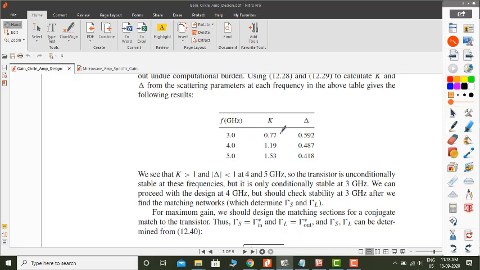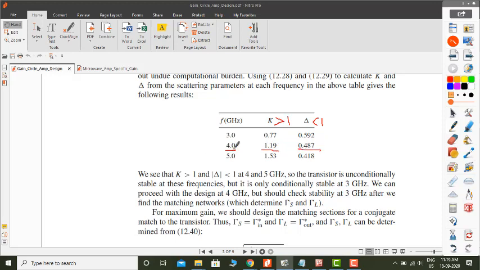If you see the K factor value, the K factor should be greater than 1 and the del value should be less than 1 to ensure the stability. Here, at our frequency of interest, that is 4 gigahertz, K value is greater than 1, del value is less than 1.